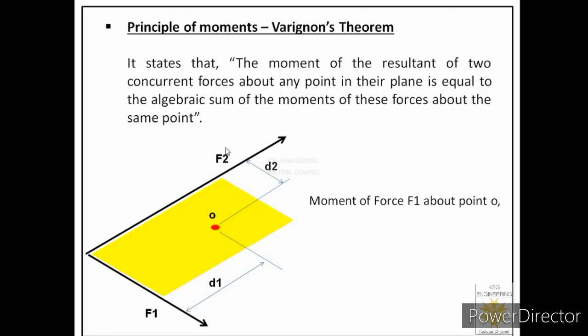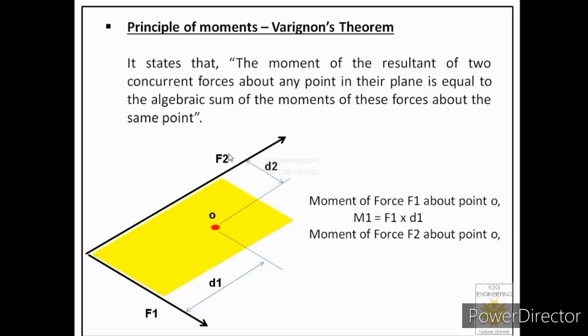Now let us calculate the moment of force F1 about point O. That will be equal to the product of magnitude of force F1 and the moment arm D1. So M1 equals F1 into D1. Now let us calculate the moment of force F2 about the same point O, the moment center.